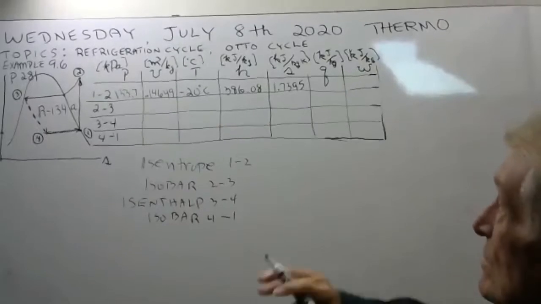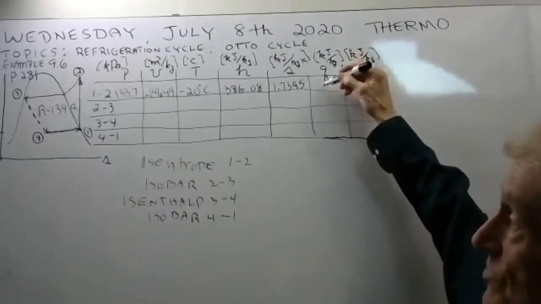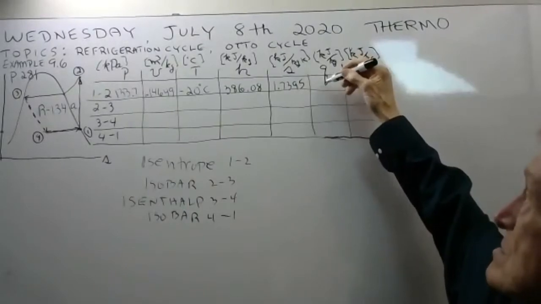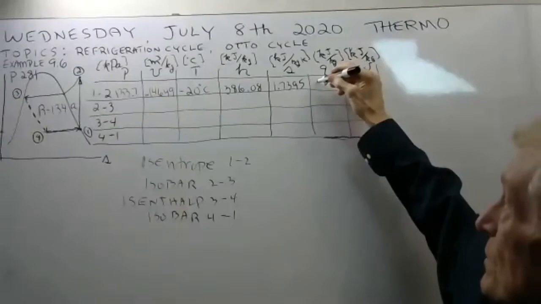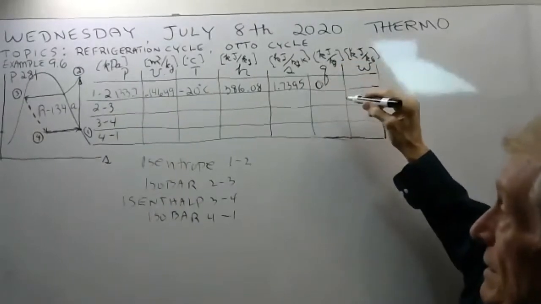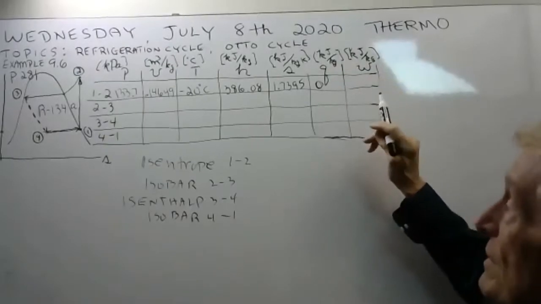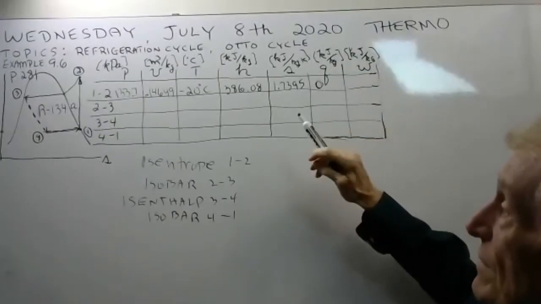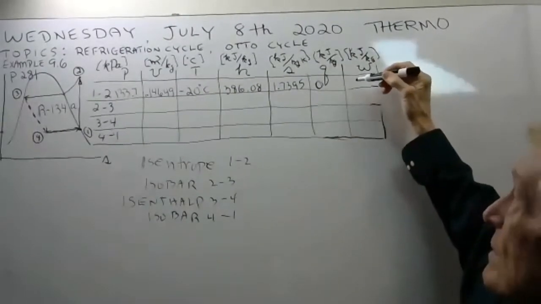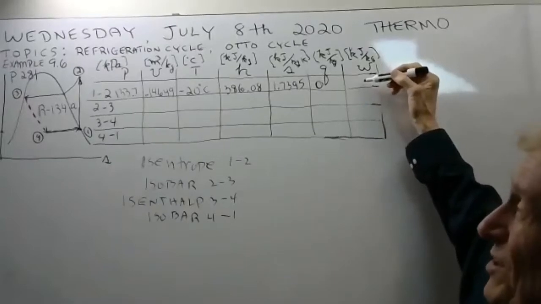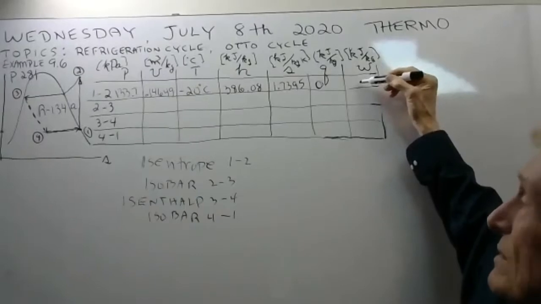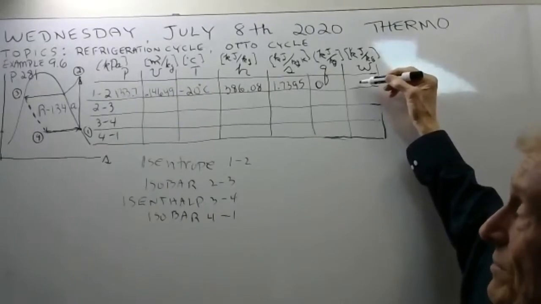Okay, so what do I put here for the heat transfer from 1 to 2 on this isentrope? Well, it's an adiabat, so you put a 0 there. What about the work per mass? Well, it's a compressor. I don't know what the work per mass is, but it's going to be negative.